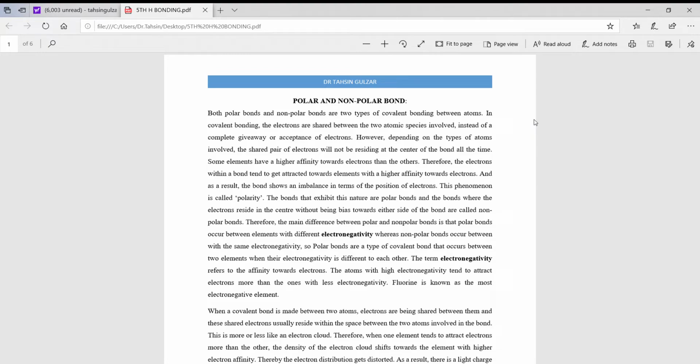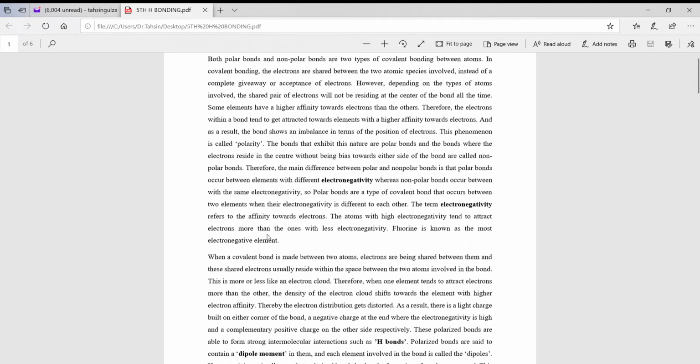So there is no dipole moment, or net dipole moment is zero. So I hope you understand polar, non-polar, electronegativity, hydrogen bond, dipole moment, and how they influence boiling point, melting point, viscosity, density of the compounds.